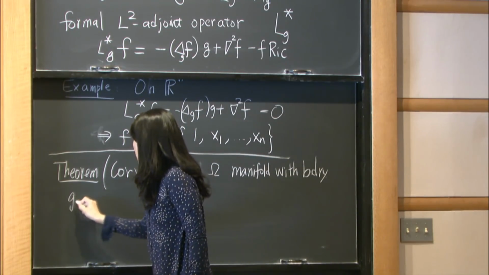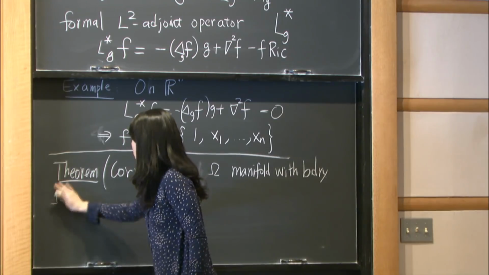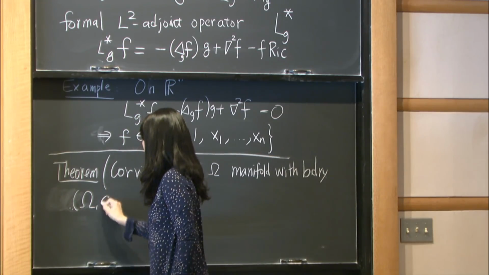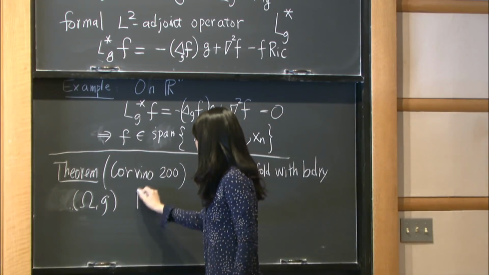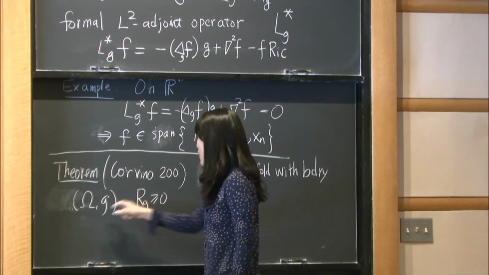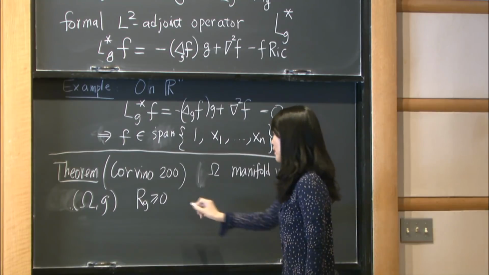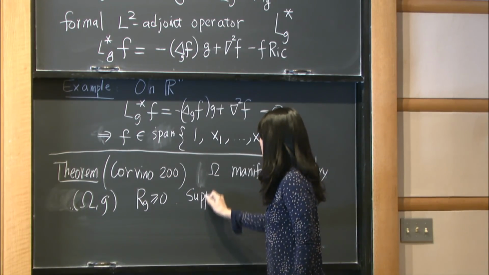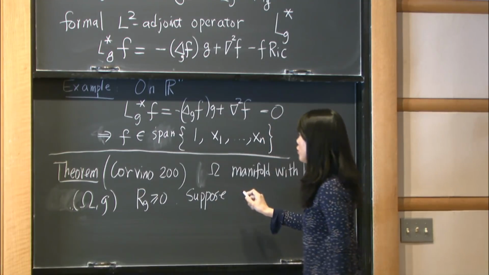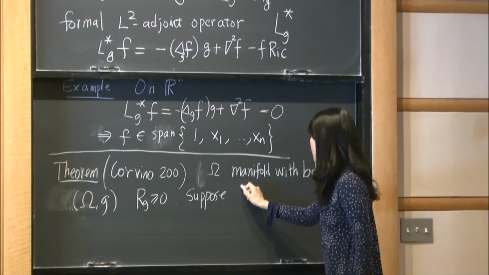And then we consider a Riemannian metric on it, and the metric has non-negative scalar curvature. And then what his result says, suppose the no kernel assumption holds on Omega.